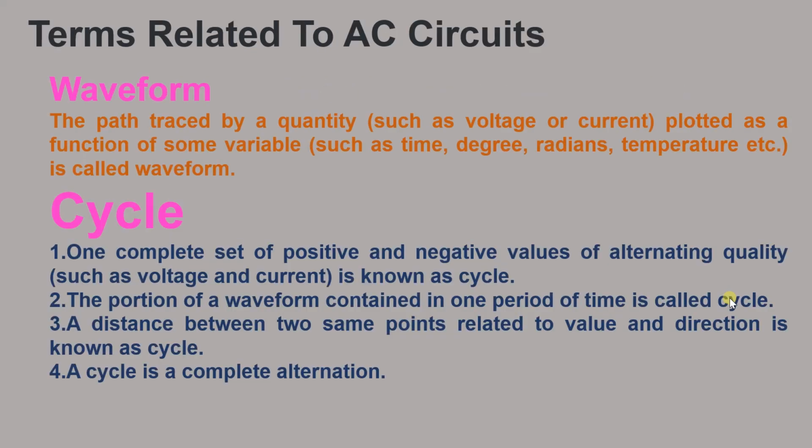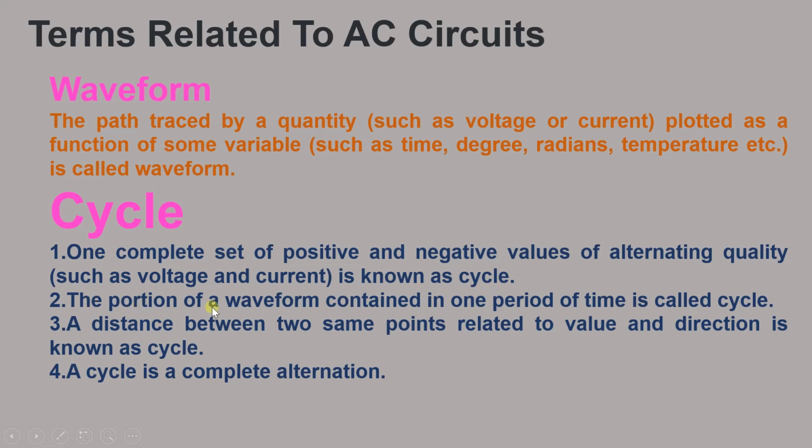Some more terms related to the AC circuits. The first one is the waveform. The path traced by a quantity such as voltage or current plotted as a function of some variable such as time, degree, radian, temperature is called waveform. Cycle. One complete set of positive and negative values of alternating quantities such as voltage or current is known as cycle.